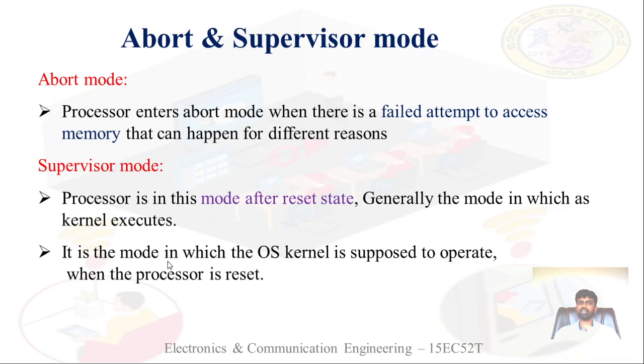It is the mode in which the OS kernel is supposed to operate when the processor is reset. So that task is performed in the supervisor mode. So this is about abort mode and supervisor mode.